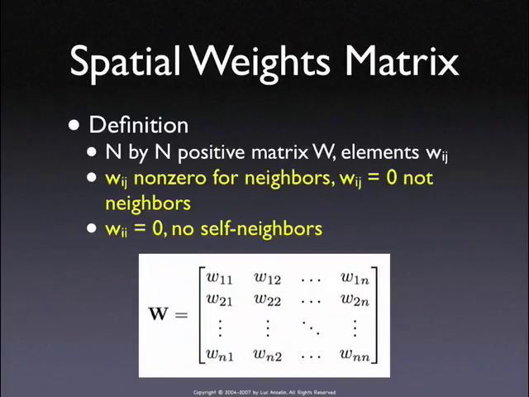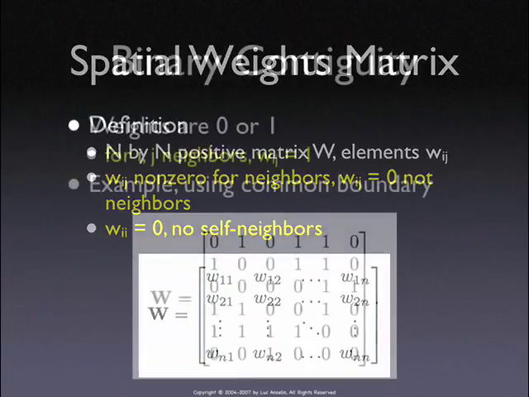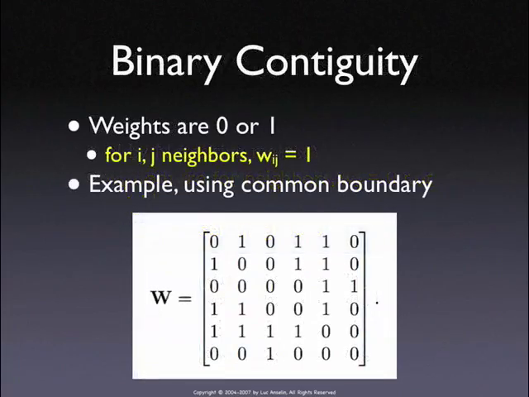So for our purposes, we will just assume the diagonals are 0, no self-neighbors. That keeps it nice and simple. So then, for our particular example, this is what the weights matrix looks like if we just take the criterion of binary contiguity, meaning binary 1 or 0, and the criterion for neighbor is common border, which is called contiguity.